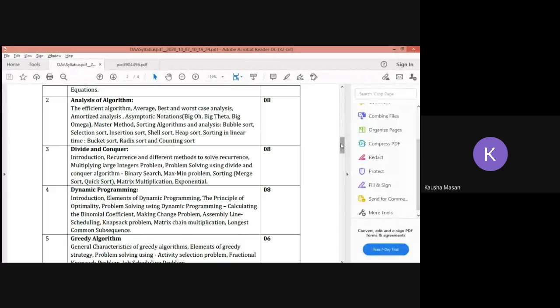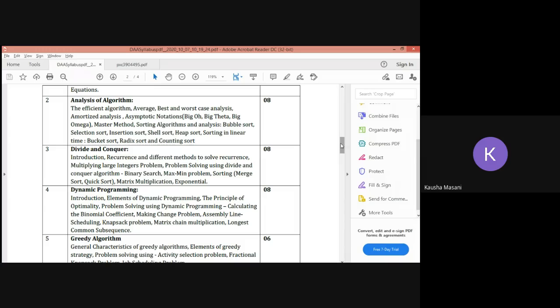Then comes the divide and conquer part. Problem solving like divide and conquer, binary search, max or min problem, everything we are going to analyze with divide and conquer. Then we come to dynamic programming in unit number 4. How we are going to solve using dynamic programming: Kellogg's, Mallocs, or your coefficient, knapsack, matrix chain.